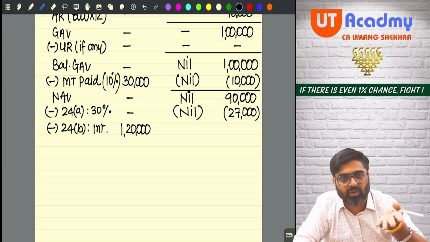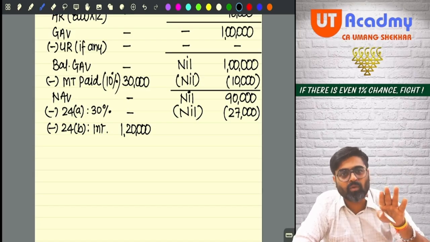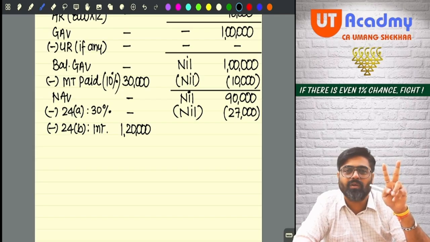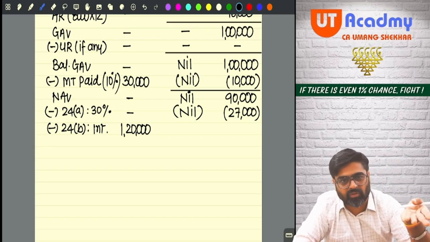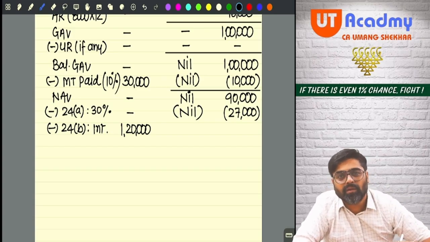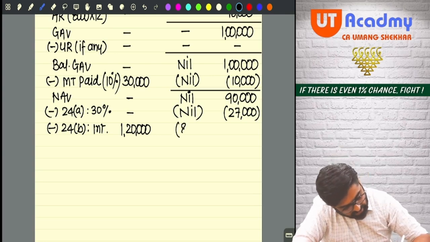So this is a special loan, no? On that, whatever interest is there will be allowed to the extent of 2 lakhs. For SOP, so SOP interest is how much? Only 80,000. Will it be allowed subject to 2 lakh? Yes, fully allowed under 24B. Yes or no? So tell me here, can I take 80,000 fully?